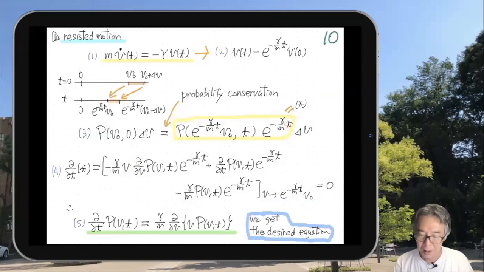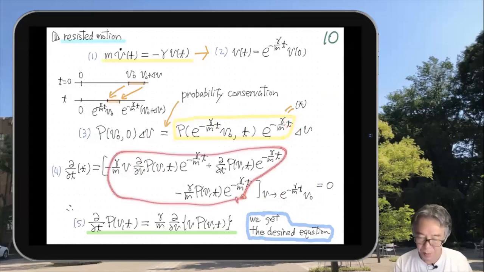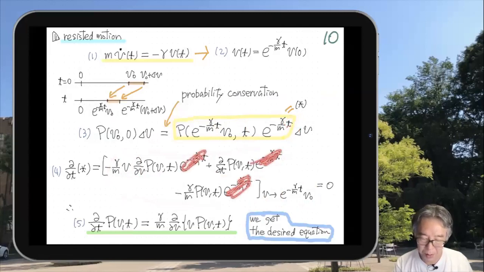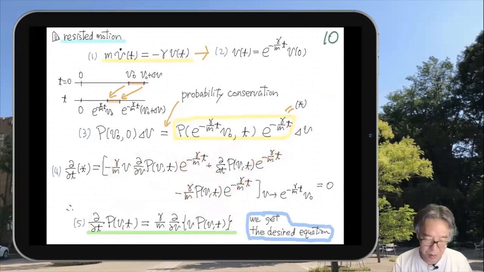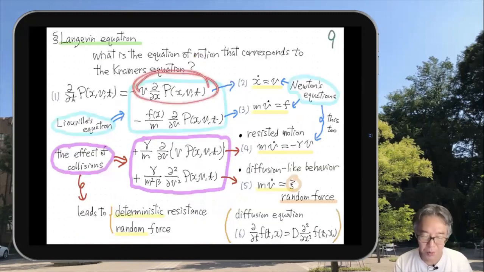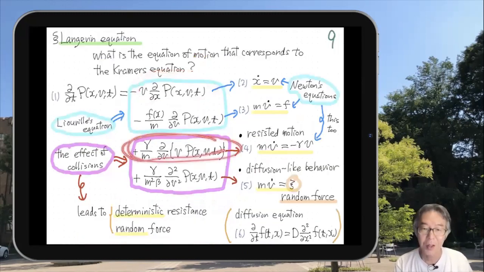Okay, and this is 0 all the time. And so you can forget about this e to the minus. And so this sums up to be 0. So you will find that this is equal to the sum of this and this. And this is, of course, the desired equation. Okay, so you get this, and this corresponds to this. Oh, no, this one.